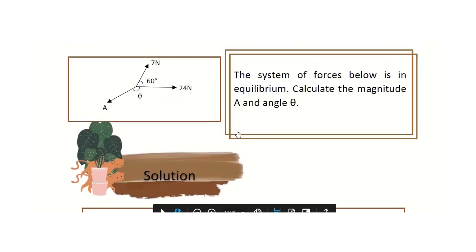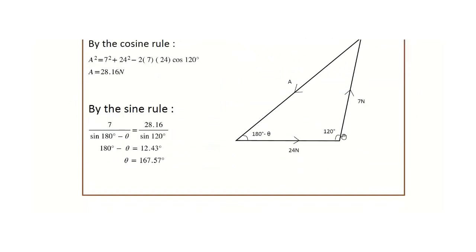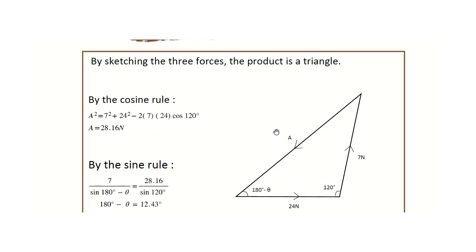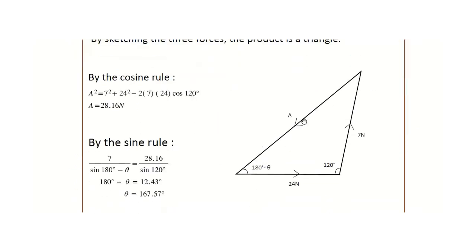And then here is 60 degrees. So on the other side, if we transfer to the triangle, this angle is 120, and this angle is 180 minus theta. The question wants us to find magnitude A, this one.